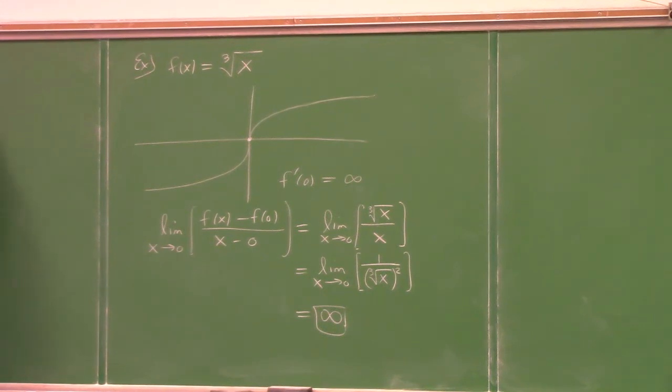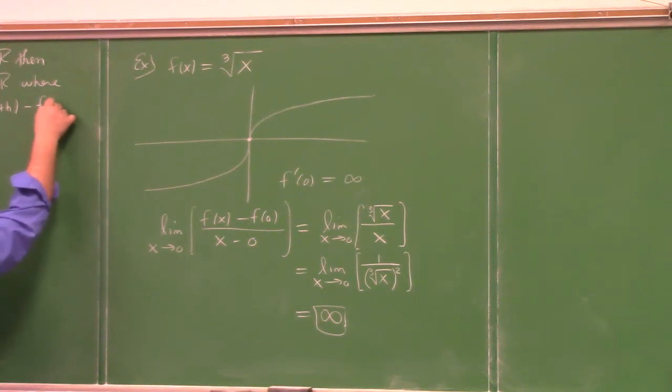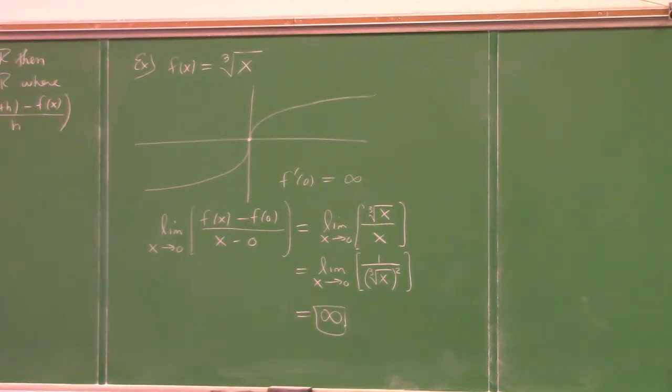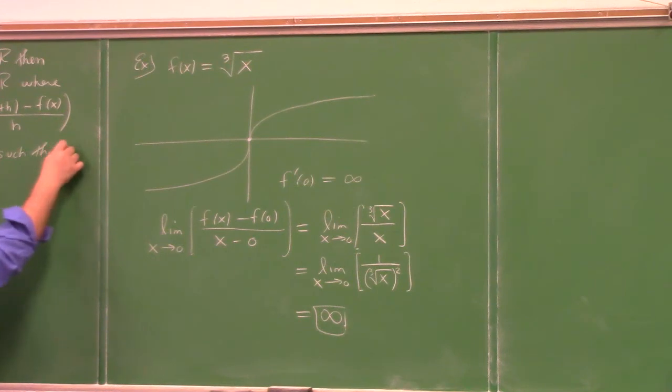If f is a function on the reals, then f prime is a function on the reals where f prime of x is equal to the limit as h goes to 0 of f of x plus h minus f of x over h for all x in the domain of f such that the above limit exists.